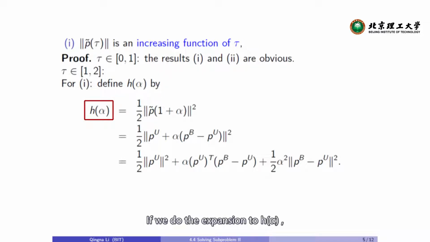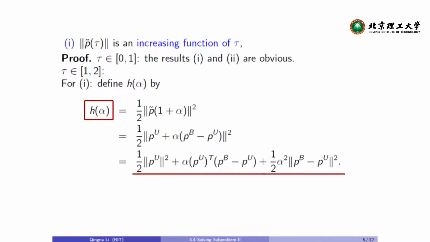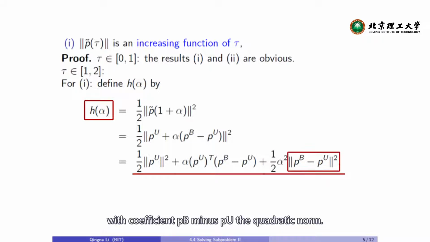If we do the expansion of h alpha, we get the following. We got the norm of a constant pu, a linear term in alpha like this, and a quadratic term in alpha with coefficient the quadratic norm of pb minus pu.